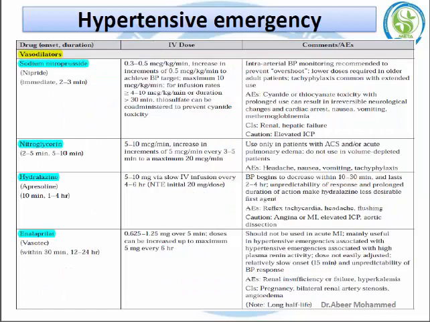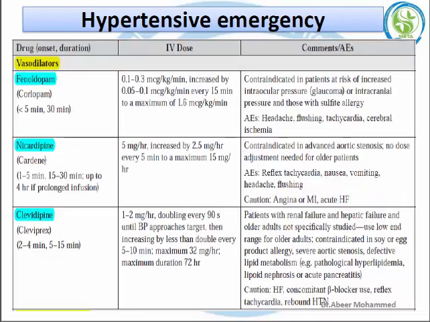We said that we use IV medications to lower the blood pressure. Mainly we use vasodilators like nitroprusside, nitroglycerin, hydralazine, or enalaprilat, which is an IV ACE inhibitor, fenoldopam, clonidine, or nicardipine.